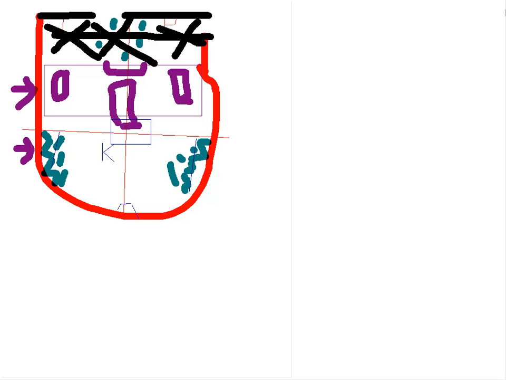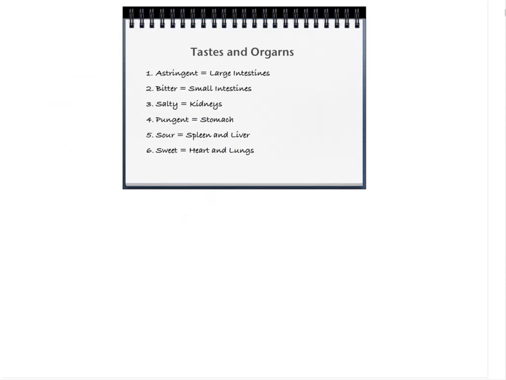And sometimes if you see the tip of the tongue, all of these represent a taste. Let's look at the taste. Heart and lungs is sweet. Actually, this is different.